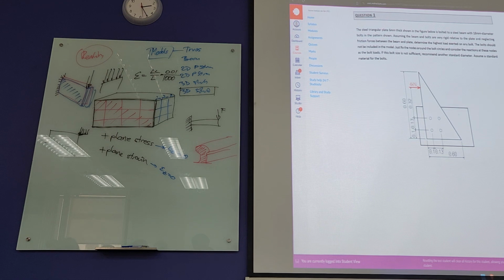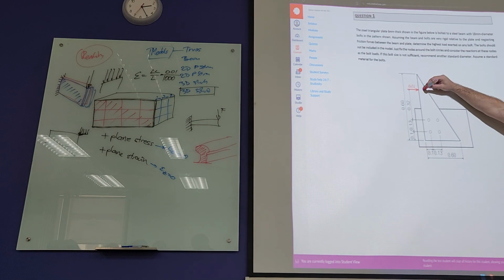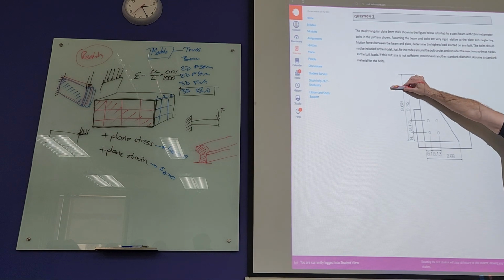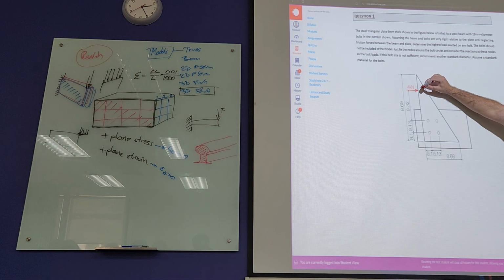Yeah. If we had this load applied like this, rather than like that, would it be? Could we model this as a 2D? Shell. We couldn't. So it will be 3D, it will be a 3D shell.